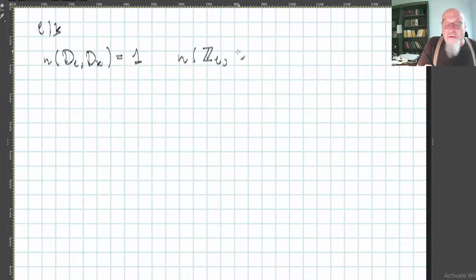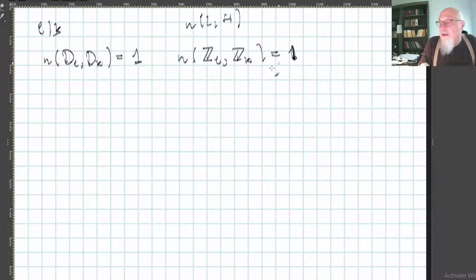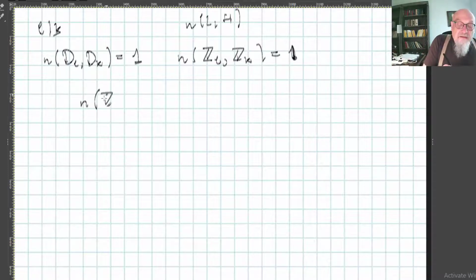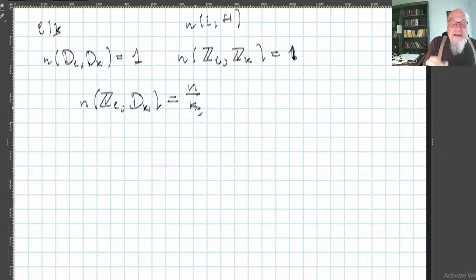So now we have also ZK, and you can see this NLH number. So those are these NLH numbers, and this NLH number is also 1. So this is 1. And finally, if you look here in ZL, and I put here DK, so that number is actually equal to n divided by k.